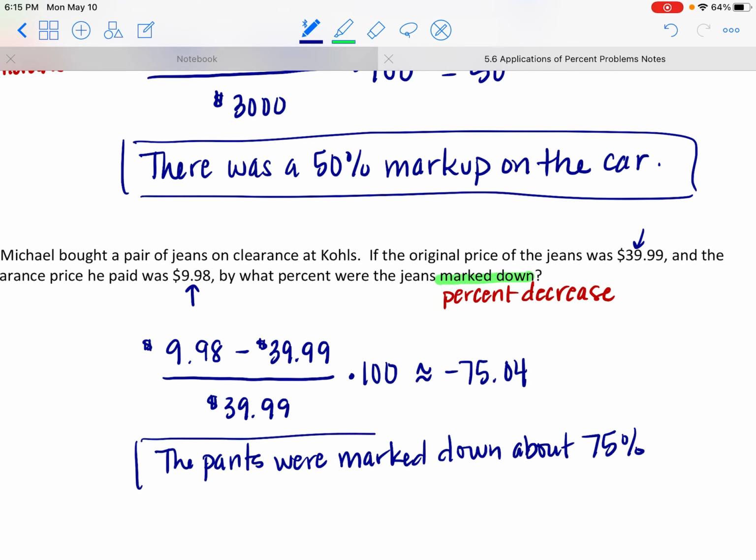Or you could say there was a percent change of negative 75%, but the negative again is implying that it's decreased. So the pants were marked down 75%. That's a pretty good discount on those jeans. $40, I don't know, that's an okay price for a decent pair of jeans, but $9.98 for that same pair? Oh, it's a steal.